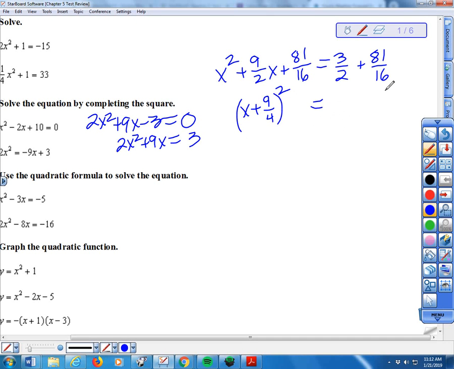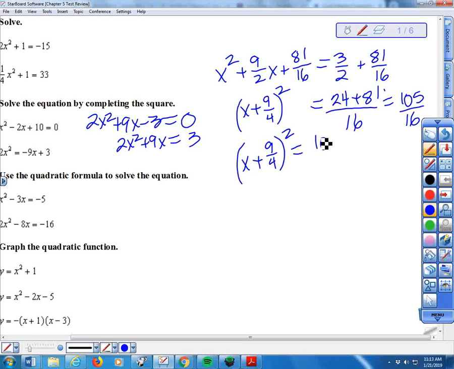And again, a denominator of 16, I need to multiply top and bottom by 8. Is that right? 24 plus 81 is what, 105? Okay. Then I have x plus 9/4 squared equals 105 over 16.